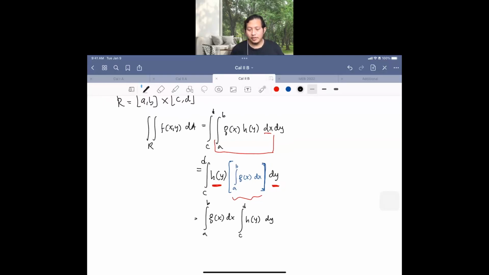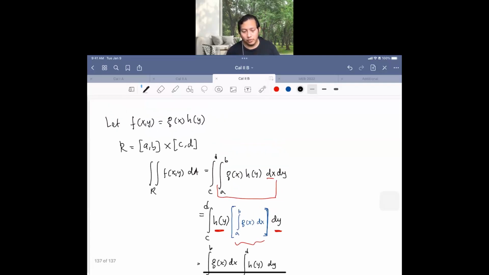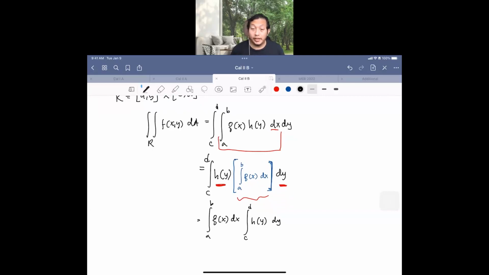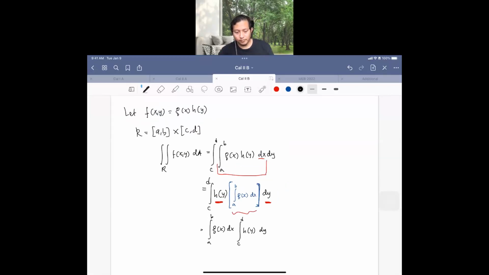This is an intuitive proof of why the functions can be written and grouped in this way. Any questions? You can write in the chat box if you have questions.